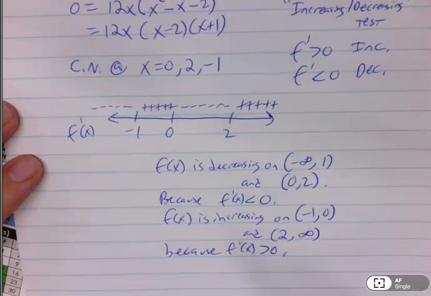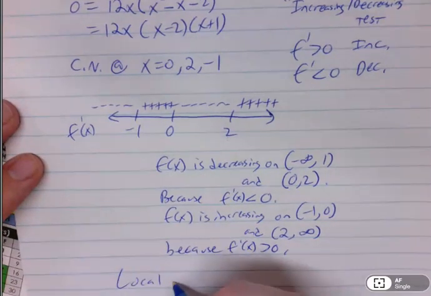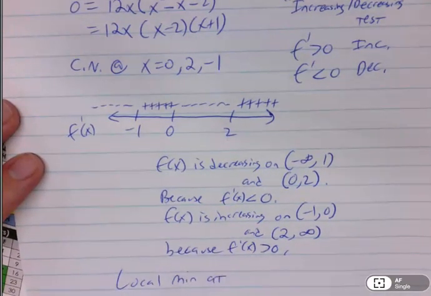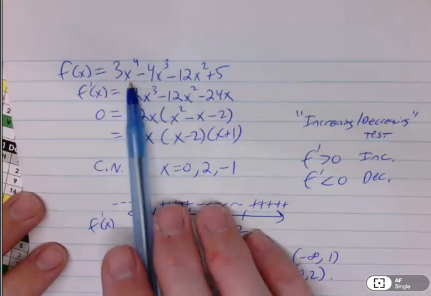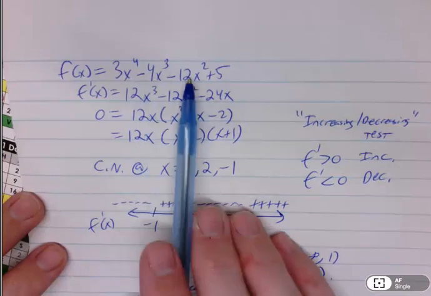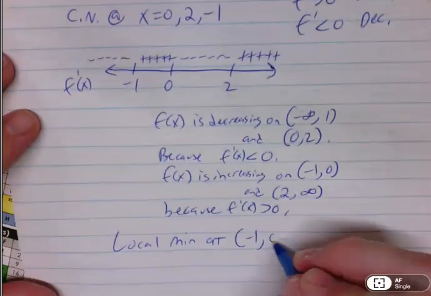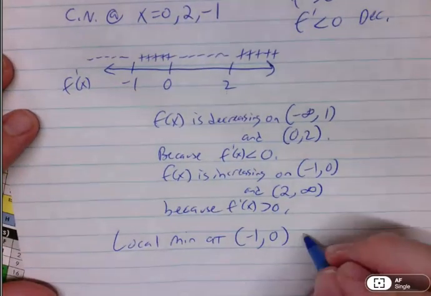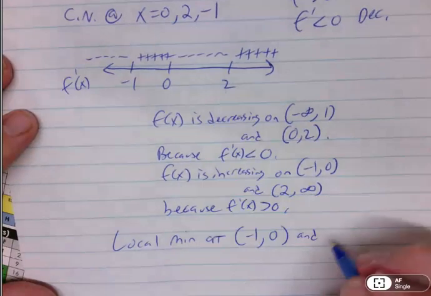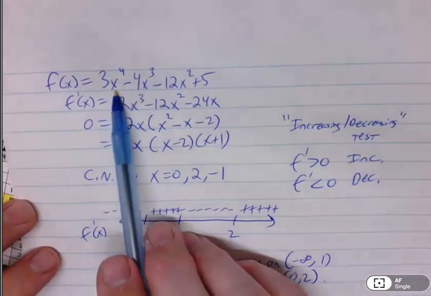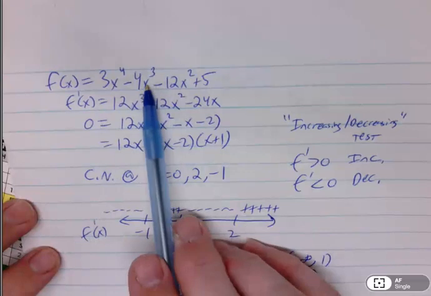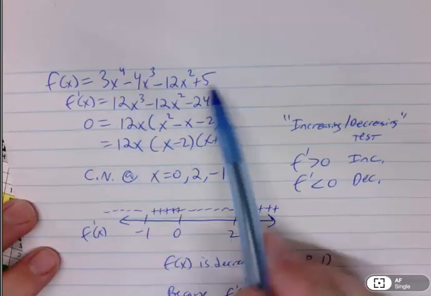All right, so we have local min at negative 1, comma, and then I plug in negative 1 here, and I get 3 plus 4, 7, minus 5. Actually, I think it's at 0. Negative 1, 0. And at 2, oh boy, here we go. 2 to the 4th is 16, 48, minus 32, so 16.